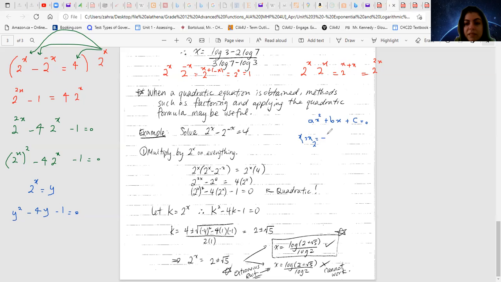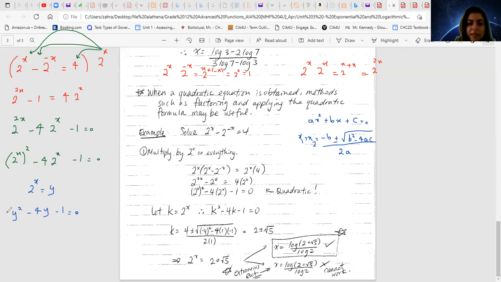It is negative b, negative coefficient of the x, plus minus the square root of b power 2 minus 4ac, where a is the coefficient of the x power 2, and c is the constant, divided by 2a.